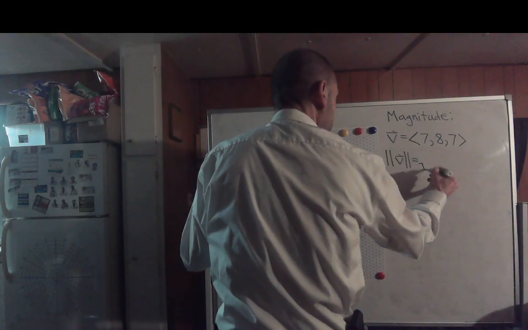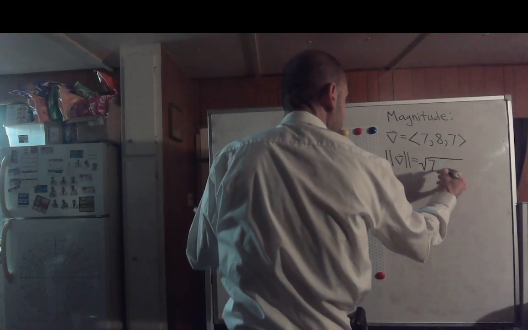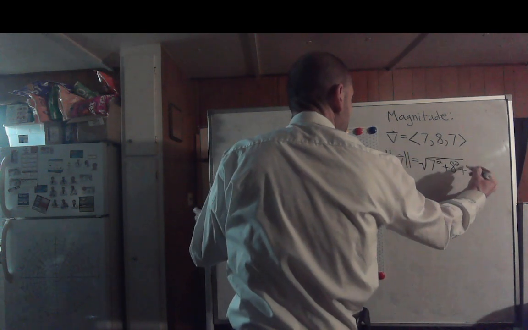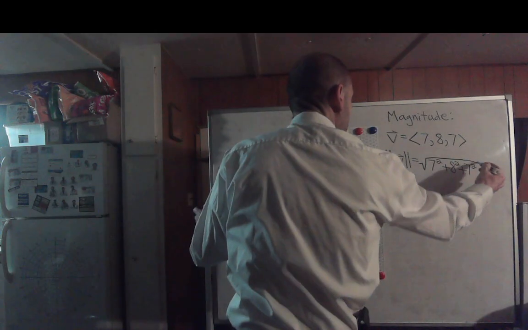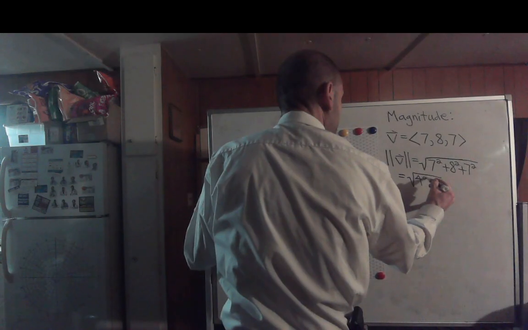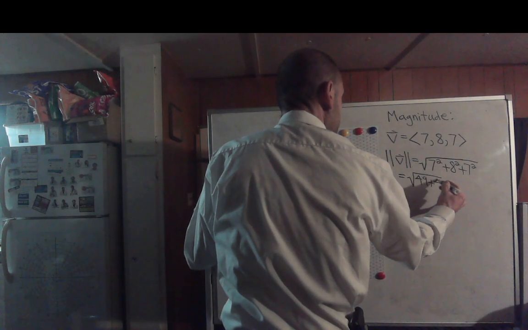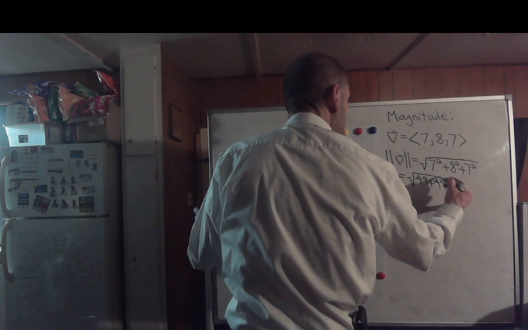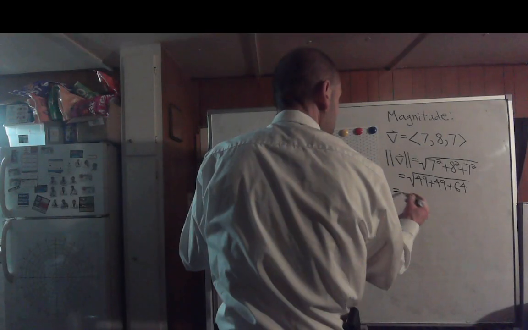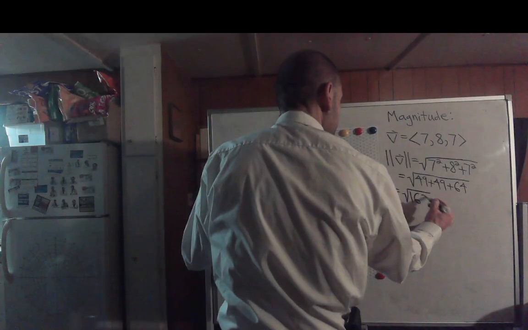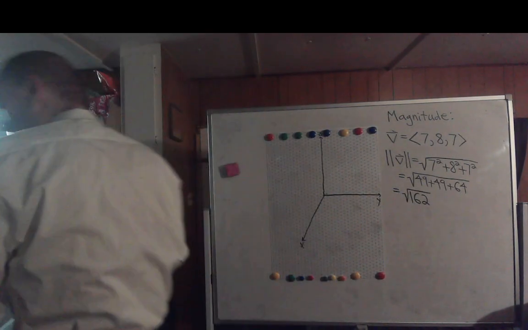So all I have to do is take the square root of 7 squared plus 8 squared plus 7 squared, which would give me the square root of 49 plus 49 plus 64, which would give me the square root of 162, and I feel like that simplifies some.